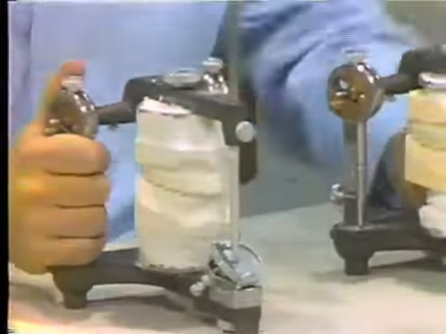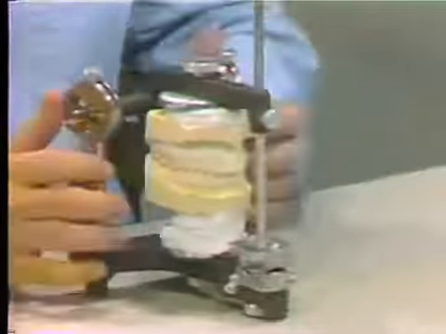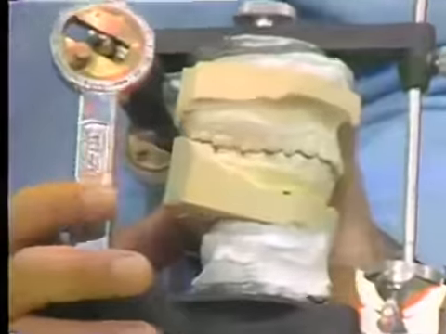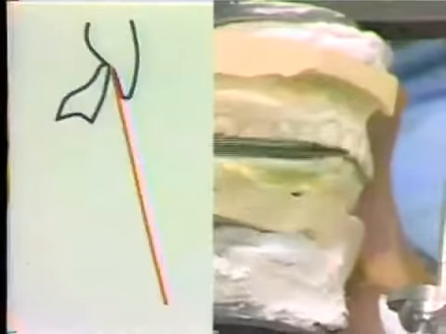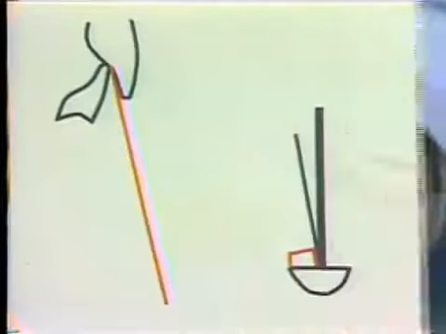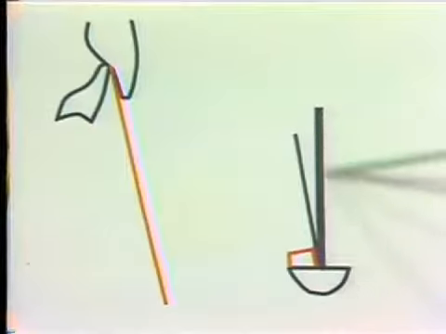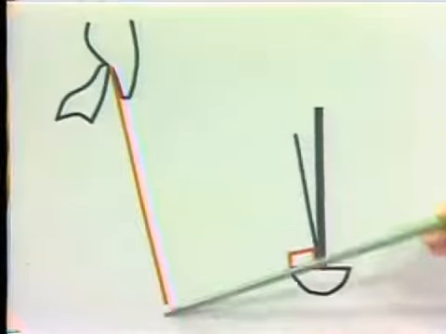Now we go to another situation in which the incisal angle is very steep, and it cannot be duplicated by the articulator, by the components of the incisal table. You see a very steep overbite, and you can see that this cannot be accepted by the incisal pin, and the table cannot be tilted enough to duplicate this steep angle.